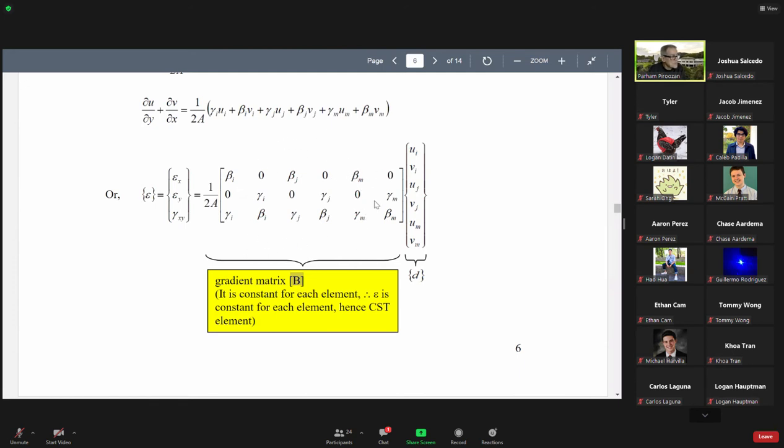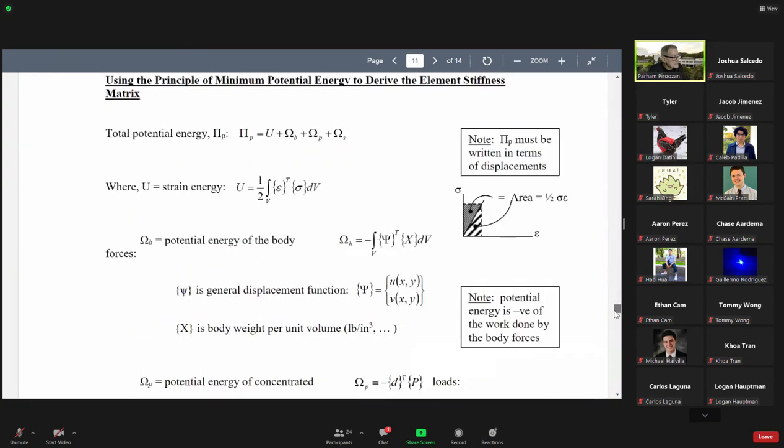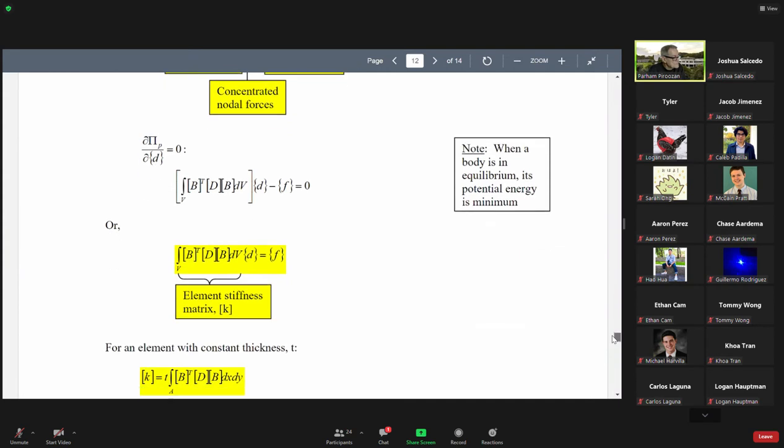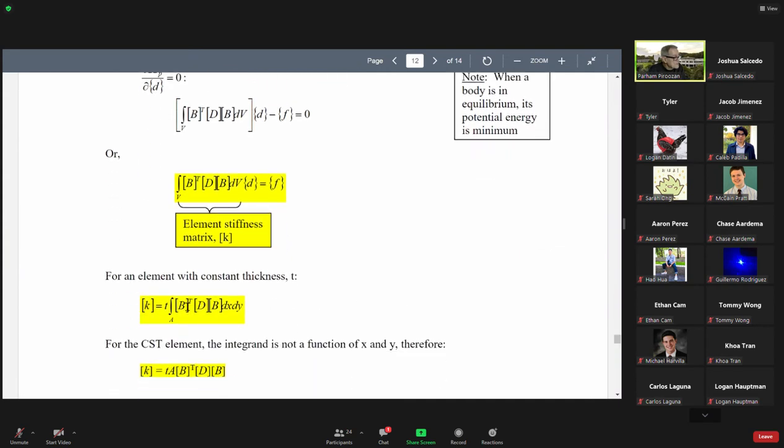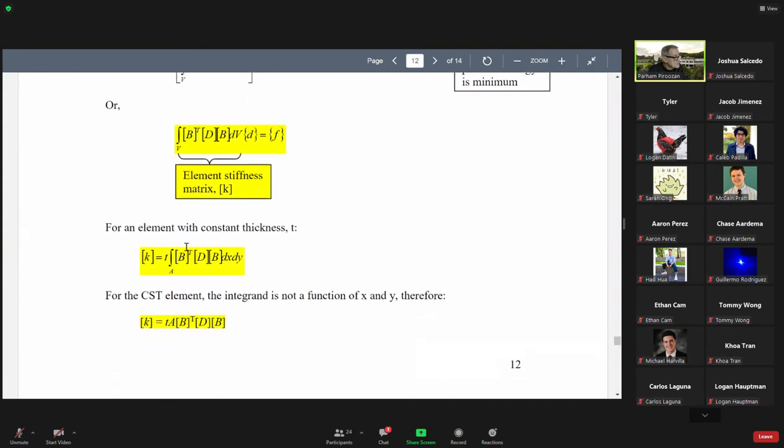They are not functions of x and y. So it means that in this integral that you see, this is B matrix, and this is material matrix here. They are not functions of x and y. So everything comes out. dx dy becomes area, times B transpose dB.